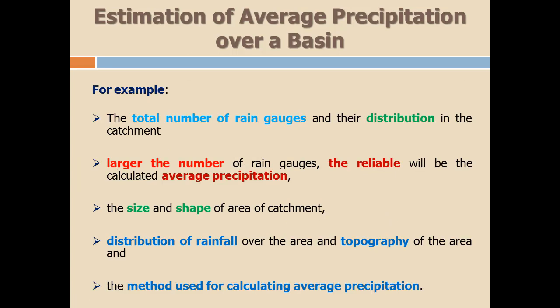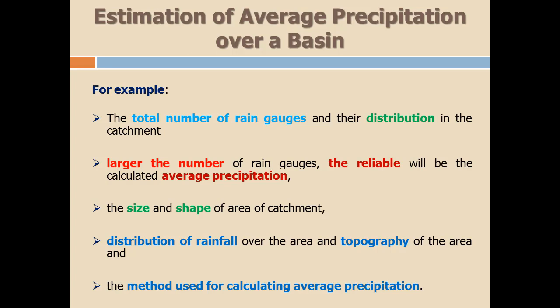The factors are like the total number of rain gauges and their distribution in the catchment. In your catchment area, in your basin, how many rain gauges are there in total and how are they distributed in this area? Are they uniformly distributed or non-uniformly? As you clearly know, the larger the number of rain gauges, the more reliable the calculated average precipitation will be.